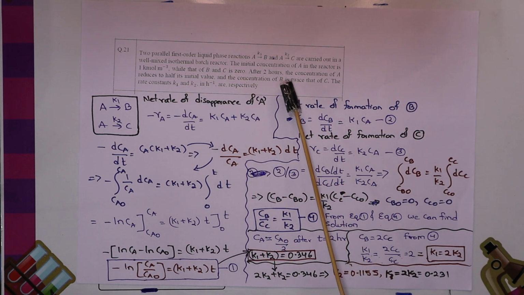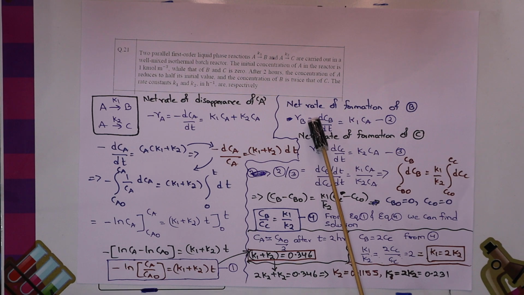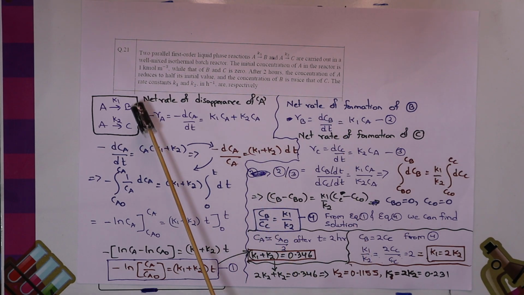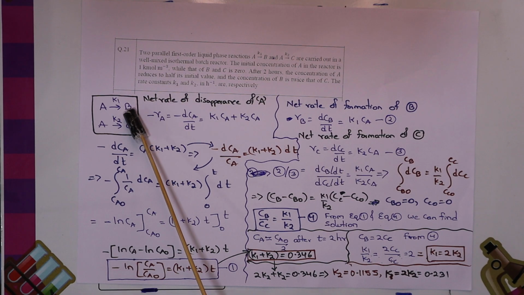twice that of C. That means they have provided the values of B and C, the formations of B and C. So in addition to decomposition of A, you have to consider the formation of B and the formation of C, so that you can use the concentration relationship given between B and C. Because B is the product in the reaction, we have to find the net rate of formation of B. The formations are positive, so Rb, the rate of formation of B, is dCB by dt, which is K1 into Ca from this reaction.